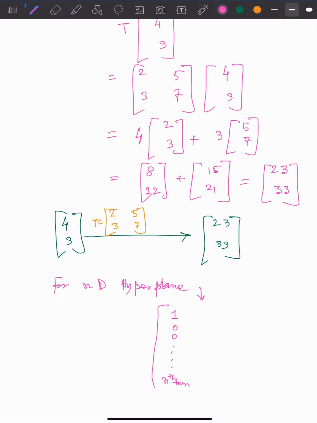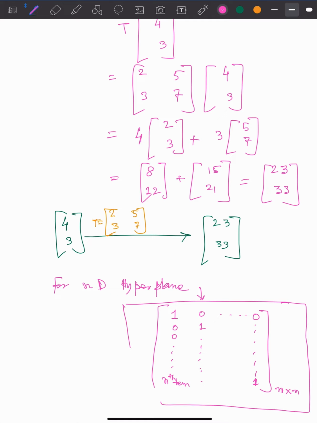This is nothing but an identity matrix, as you can see, of nth order, an n cross n matrix. So this is the basis for any nth order system.